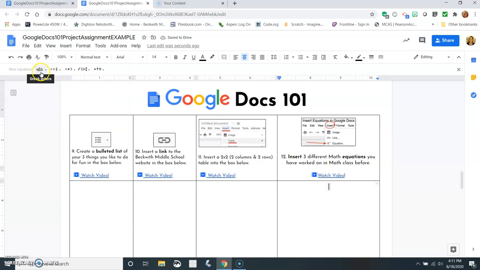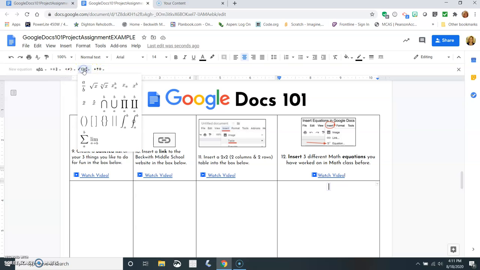And you'll notice there are different types of equations, Greek letters. I don't think we need to worry about that. Miscellaneous operations, relations, math operations, arrows. So if we look at math operations, there are lots of different ones here. Some of these you're probably not familiar with. They're very high level. Don't worry about it.